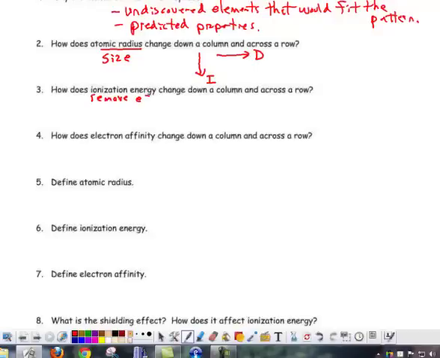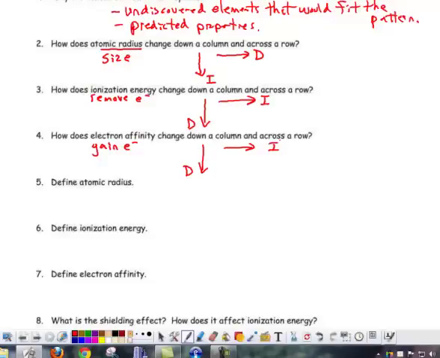Remember, we talked about a first ionization energy, a second ionization energy, a third ionization energy, etc. in that one activity we did. Increase, decrease. It's the opposite of radius. And once again, same pattern for electron affinity. Electron affinity, how much energy is put forth to gain an electron.